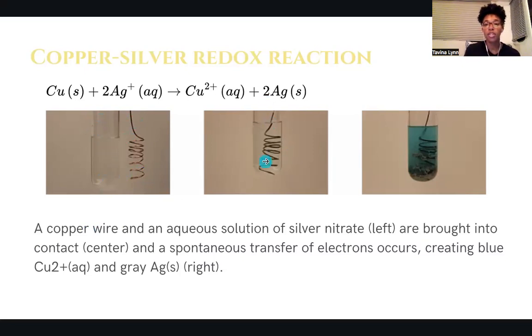We submerge the copper wire into the solution. We see the solution turn blue, indicating that copper 2 plus ions have formed as a result of this oxidation, and then we see reduction of silver by this gray solid that precipitates on the wire.